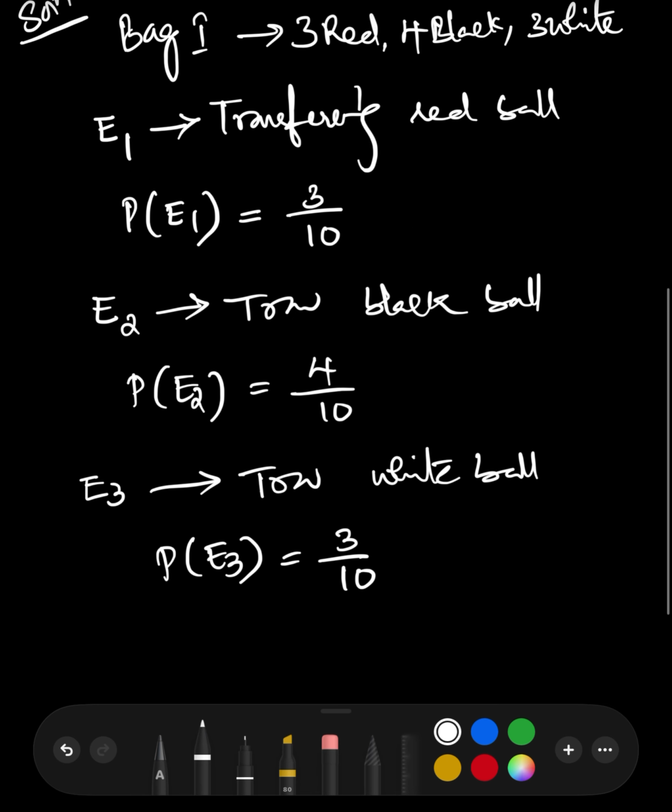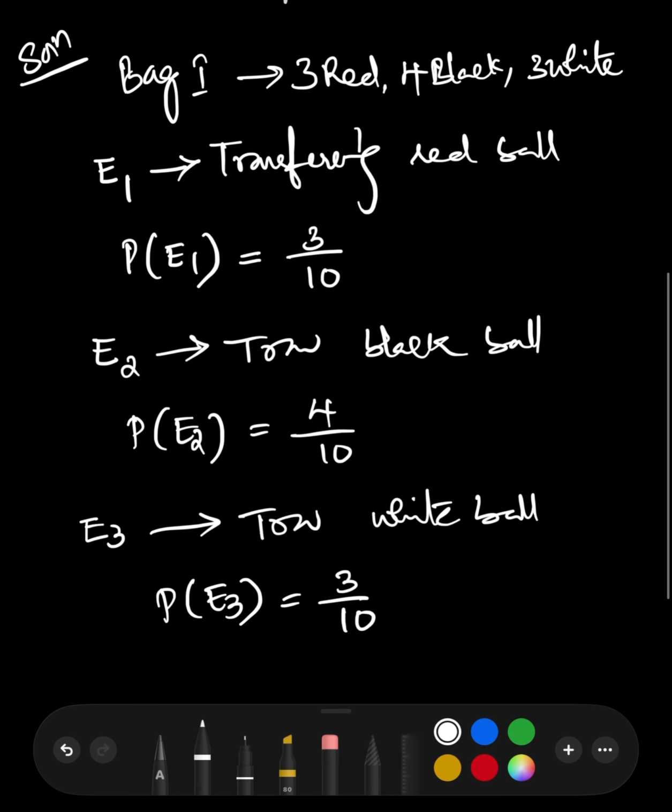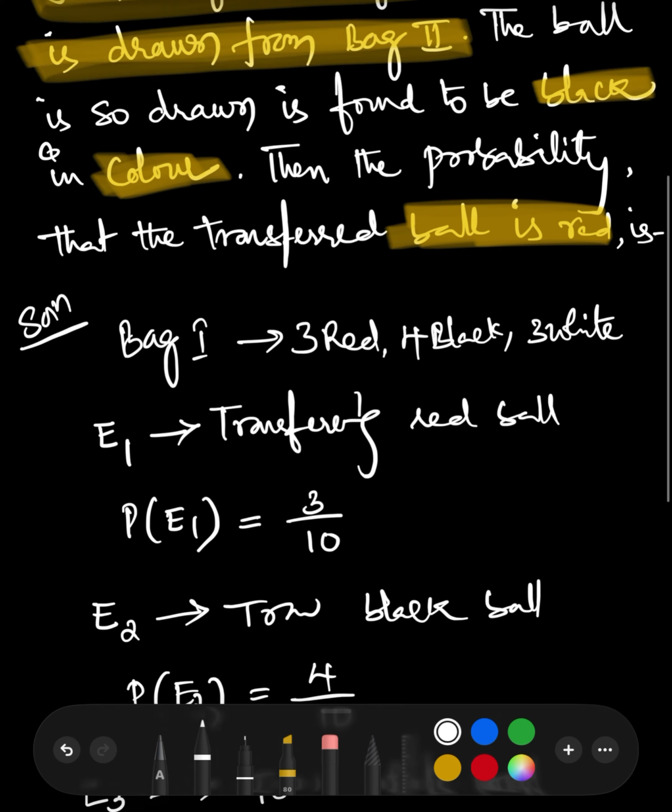So now coming to the events that should happen first, usually in Bayes theorem type of problems, from bags we have to select the balls, so the starting event should be selecting of bags. After that we have to select the ball. But here the question is completely different.